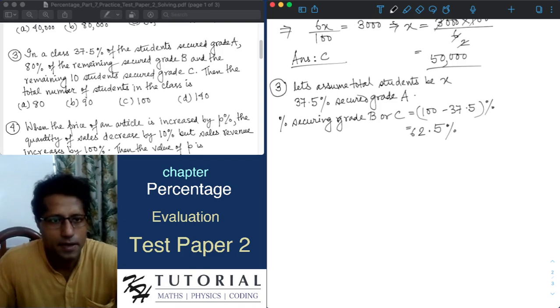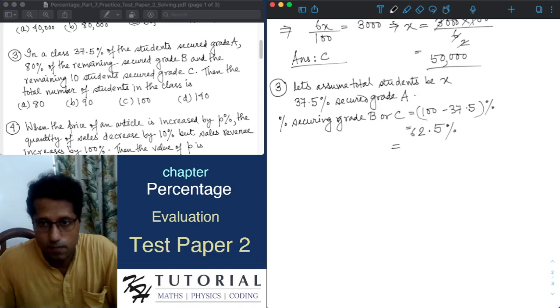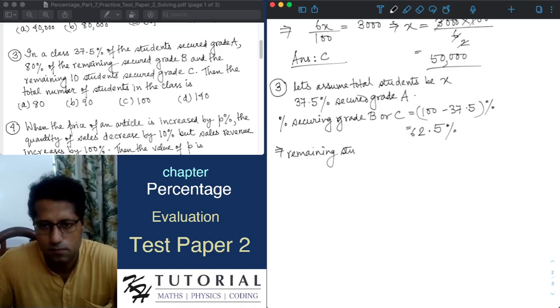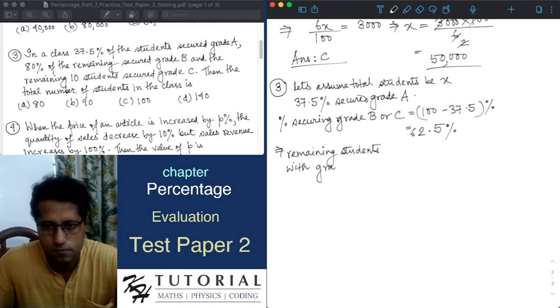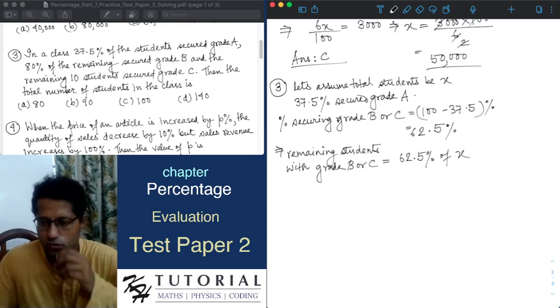Now it is saying that 80% of the remaining secured grade B. This implies remaining means the students who got grade B or C, remaining students with grade B or C is 62.5% of x. x we have assumed to be the total number of students.